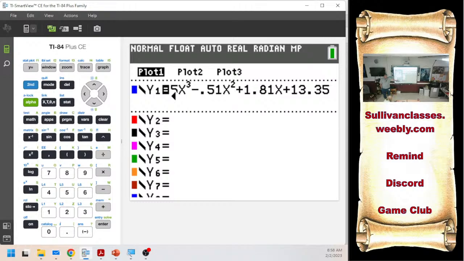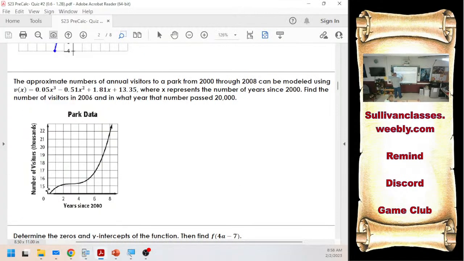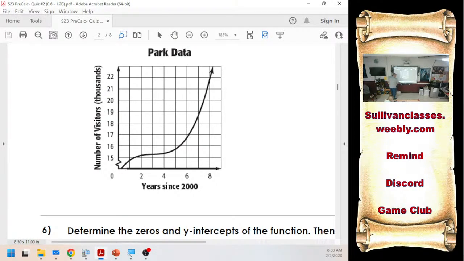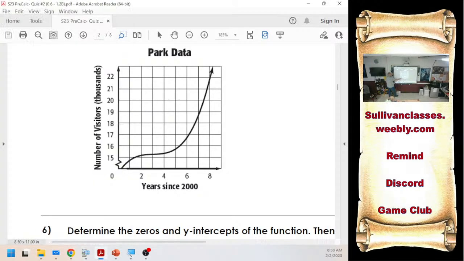I would go to Window and say, if this graph goes from 0 to 10, I'm going to go from 0 to 10. Every box is worth 1, I'm going to go by ones. If they go from 0 to 23, right?